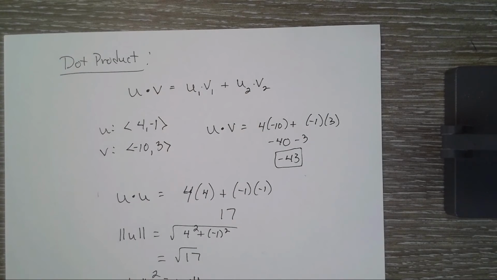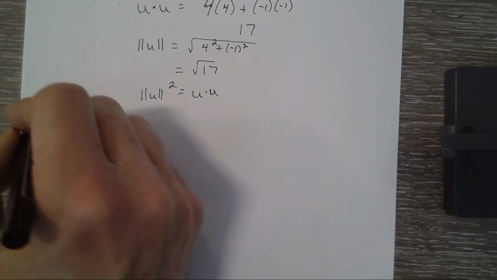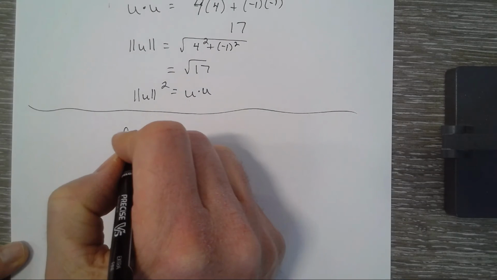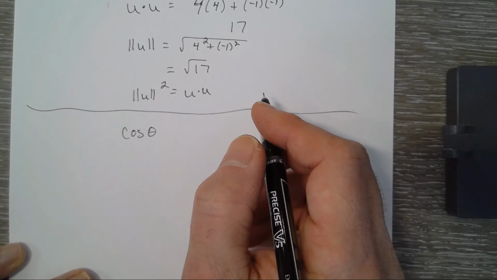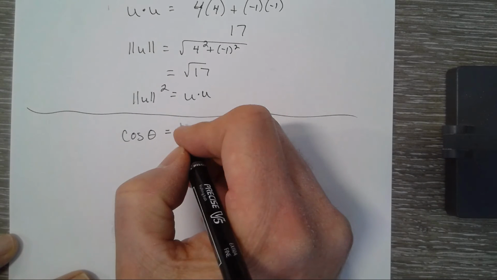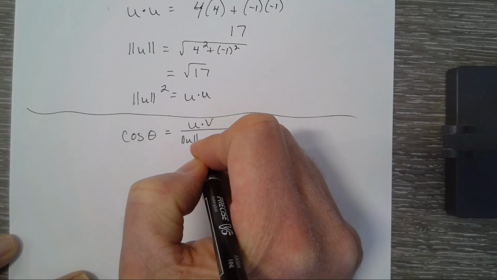Alright, we're getting there. How do you find the angle between two vectors? There's a formula for that, and it does involve the dot product. Where theta is the angle between two vectors, the cosine of theta is equal to u dot v over the magnitude of u times the magnitude of v.